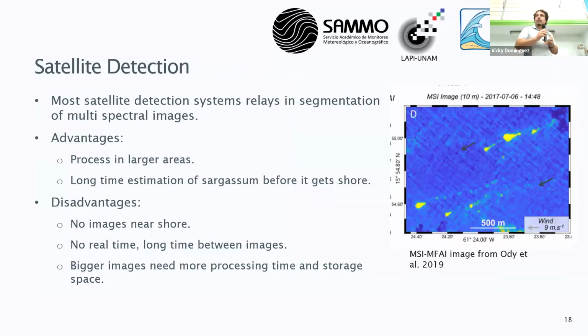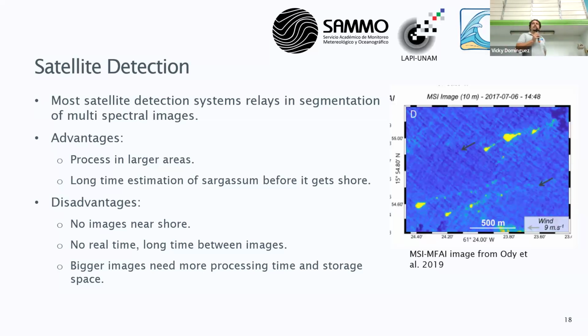So I will talk to you about how to get the images to analyze different things. We have satellite detection. You can take images from satellites. These are normally multispectral images, meaning that you capture different bands of the spectrum of light, depending on the phenomena you are looking for.